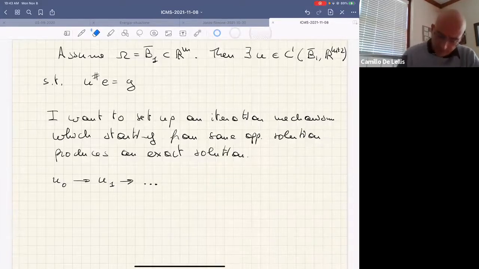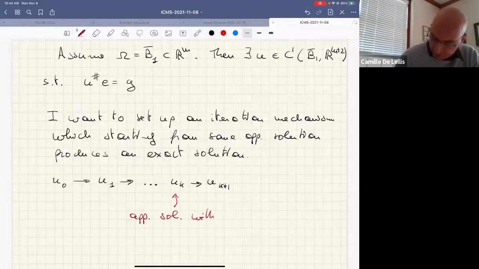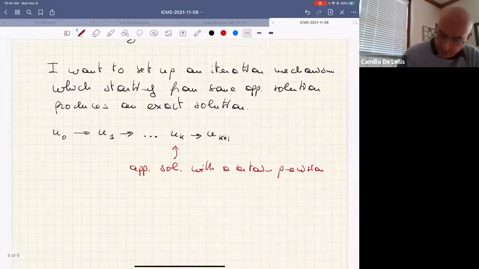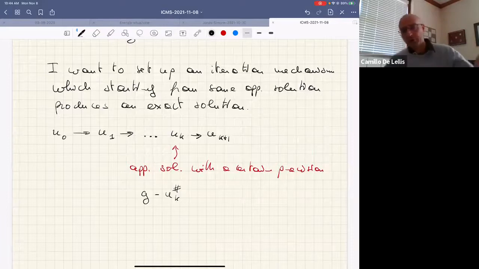I just want to show that there is a mechanism which inductively produces, from an approximate solution UK with a certain level of precision, the target metric G minus the pullback of the Euclidean metric through UK.